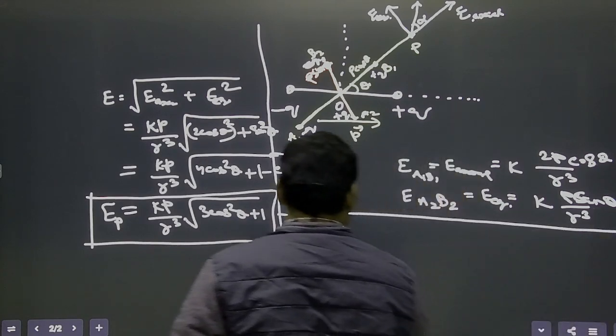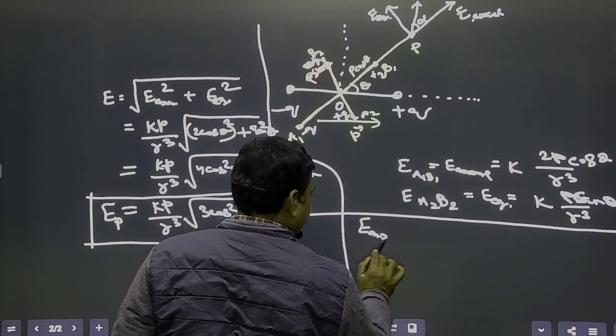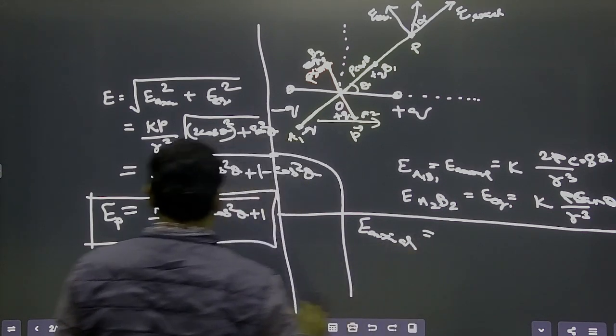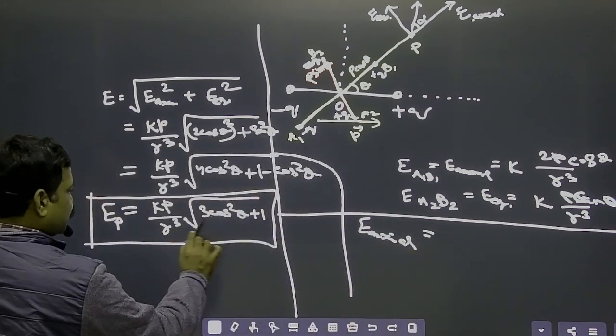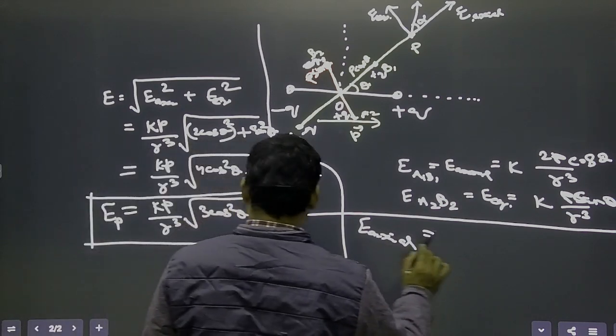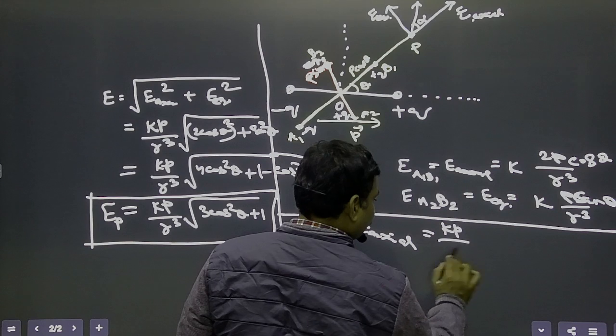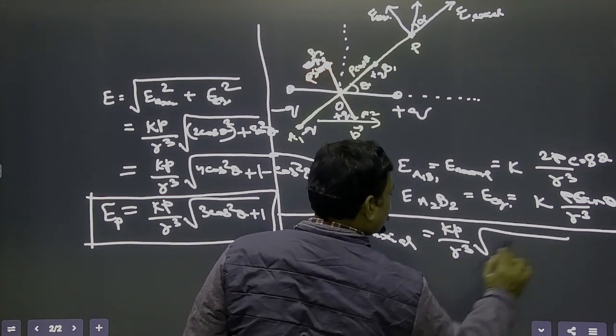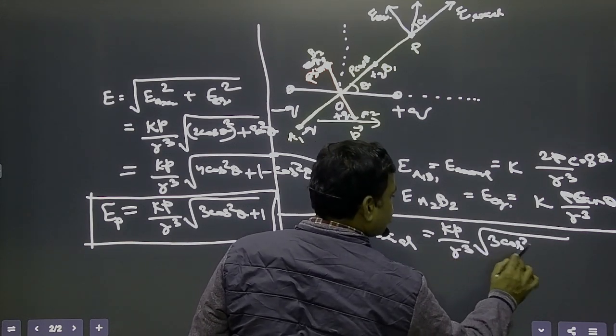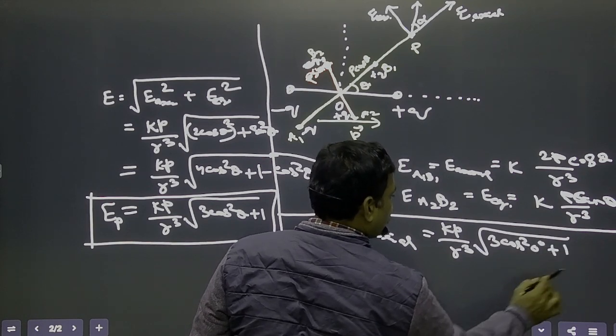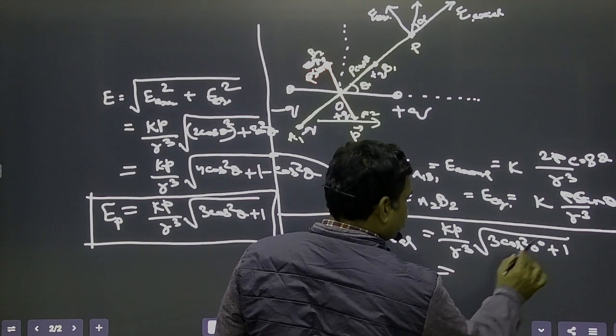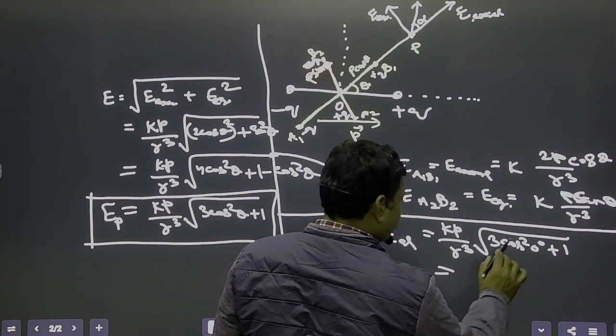So now you can see that E axial will be, we can put the value of theta equal to 0 in this case. So we'll get Kp upon r cubed times the square root of 3 cos square 0 degree plus 1. Cos 0 degree is 1, so this is 3 plus 1, 4.